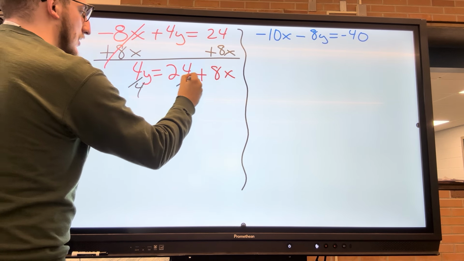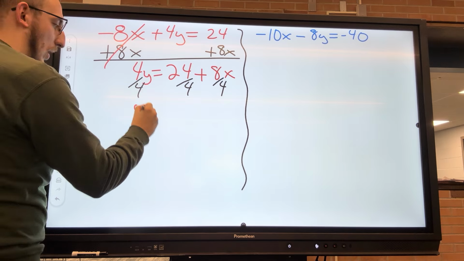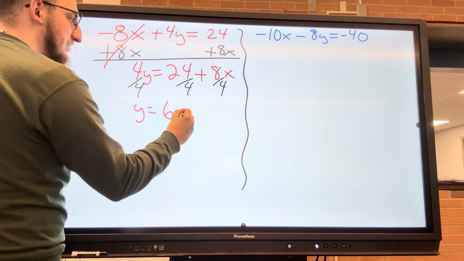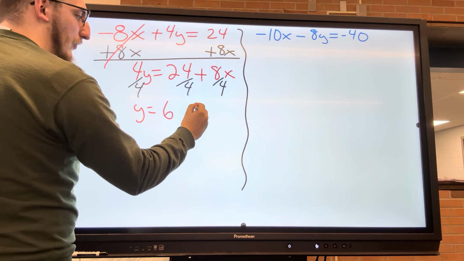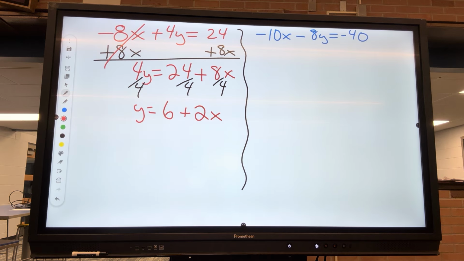How do I finish it out? Divide every term by 4. So we get y equals, can we do 24 divided by 4? I think so, that gets us 6. Can we do 8 divided by 4? Yeah, that just gives us 2. Now, very clearly, we can see what our slope and y-intercept are. What is our slope?